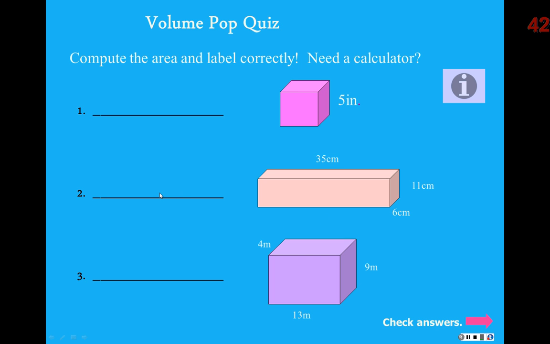What? 2,365. And what about the last one? 4 times 13 times 9. You said 35 times 11 times 6. Yeah, and that's how you do the cube. Isn't that what he said?